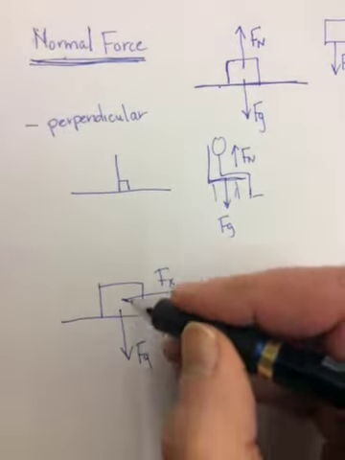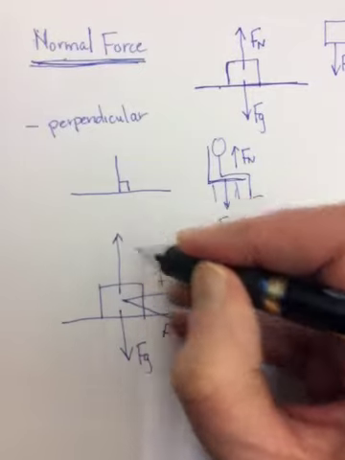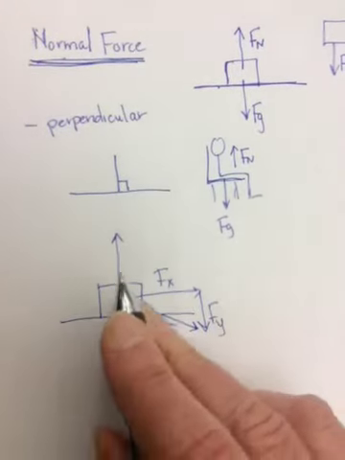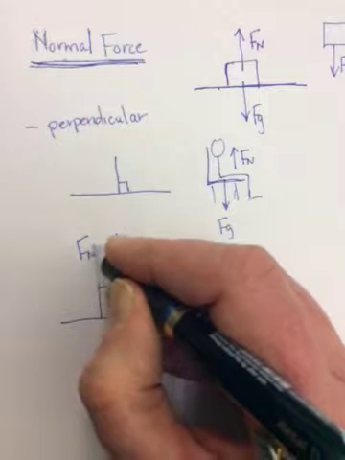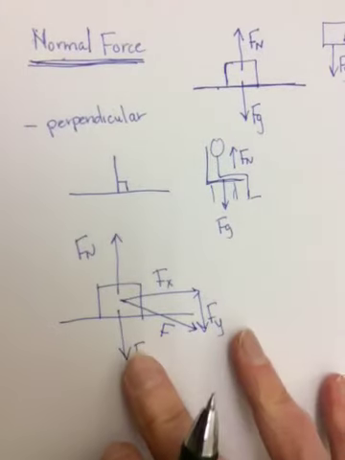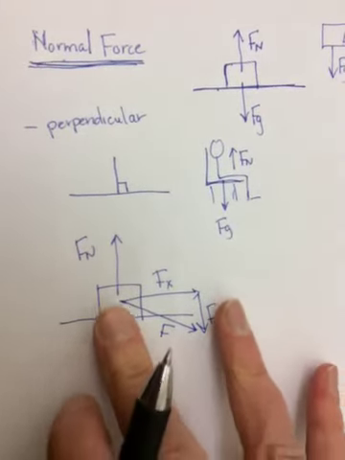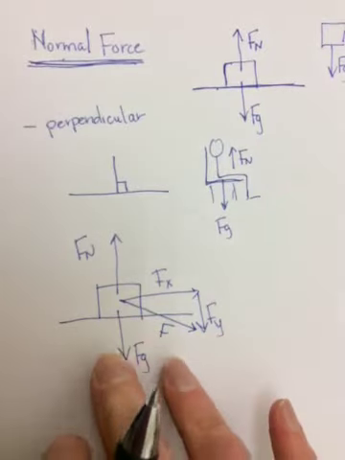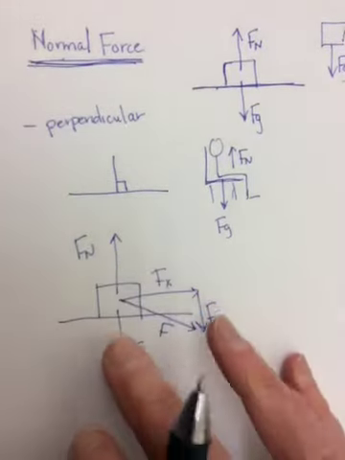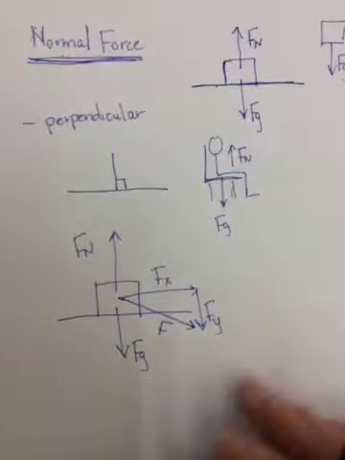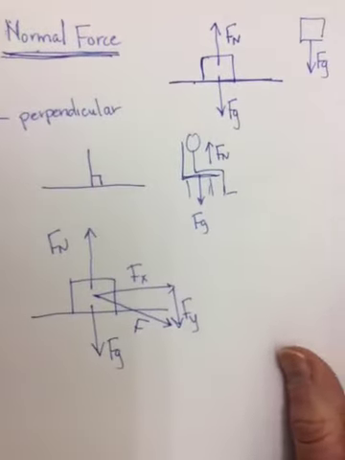So now the ground needs to push back, not with just a force equal to Fg, but it has to be equal to Fg plus the force you're pushing down with, right? These two are going down. If the cart's not going to go through the ground, then the ground needs to push up with a force equal to the two of them added together.